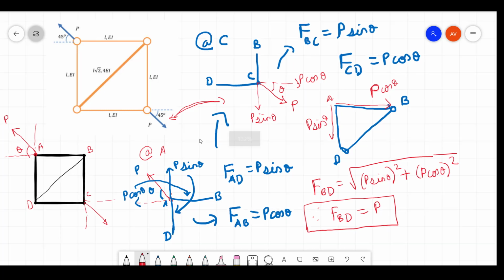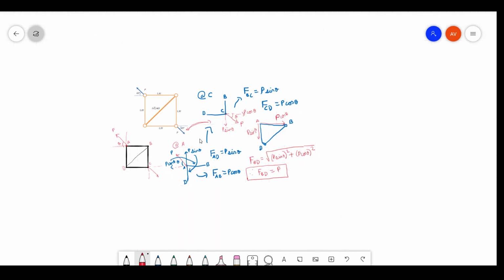Let me just zoom out a bit. Now the second thing, to see the overall picture: you have an element like this, and your forces are going to be like this and like this, in the directions that we took here.